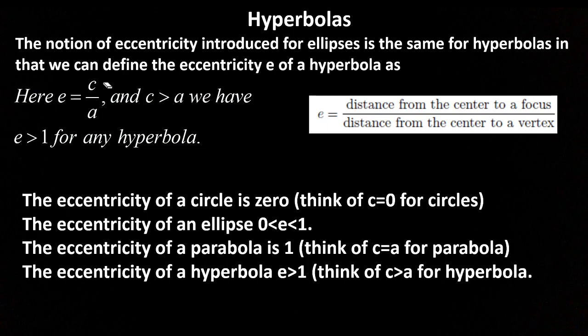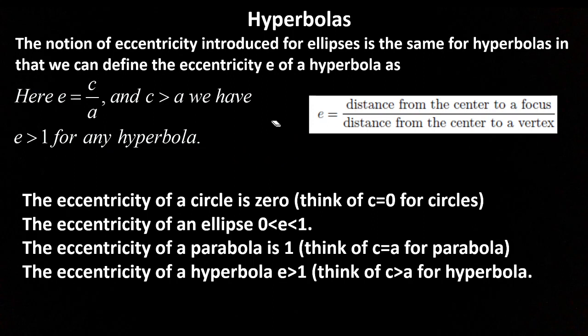Now, c in hyperbola is always greater than a, right? In a hyperbola, this distance is a, and this distance is c, right? From here to here. That's the focus. So that means in this fraction, c is always greater than a for hyperbola. That means eccentricity for hyperbola is always greater than 1.